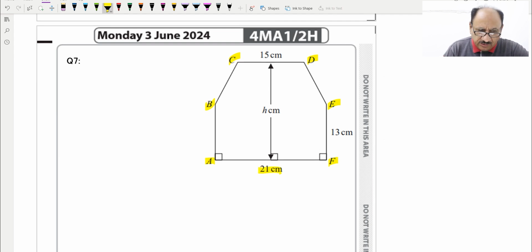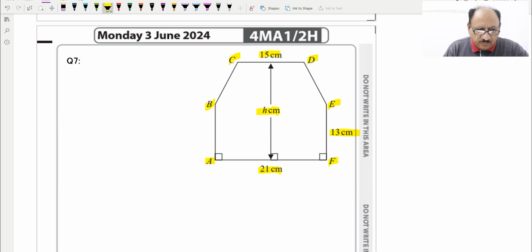AF is equal to 21, CD is equal to 15, and AB and EF is 13 centimeters. So this is given. Then the perpendicular height of the shape is H. So this is H, and CD is parallel to AF.